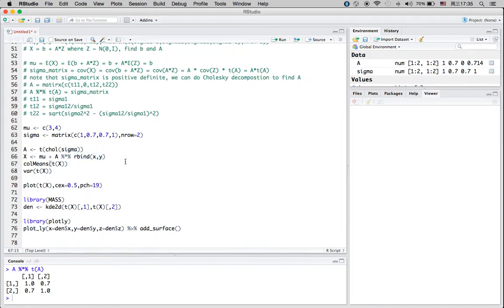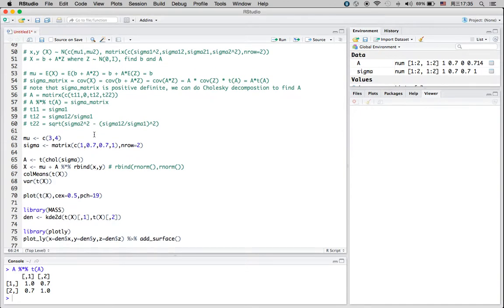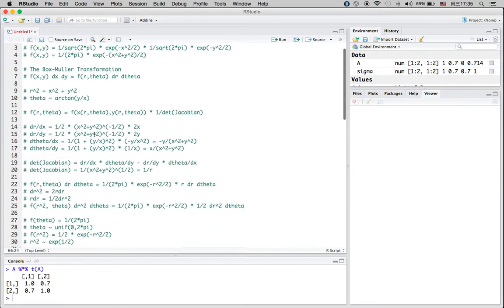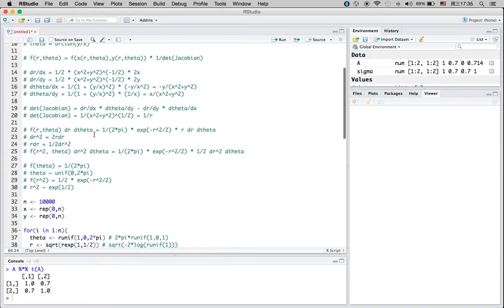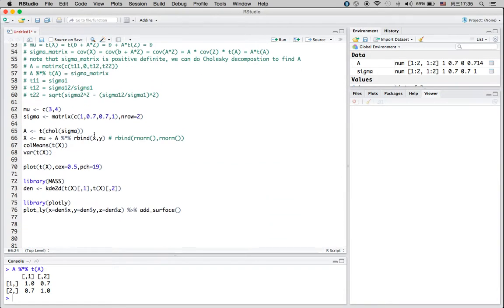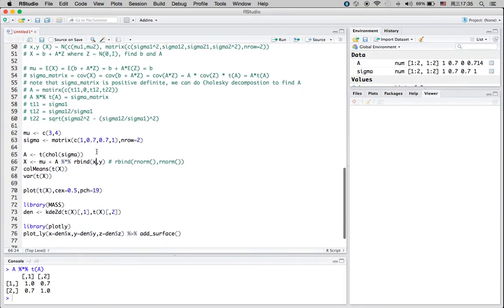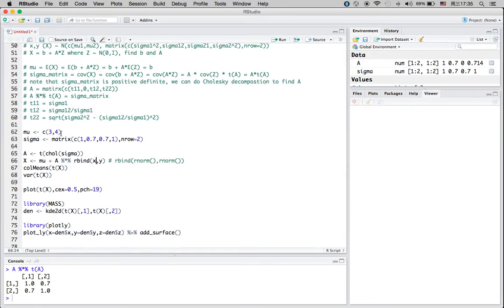Or you can use rbind with rnorm and rnorm to achieve the same thing, but here I want to emphasize that we can use our previous example to generate a normal distribution with mu and sigma.